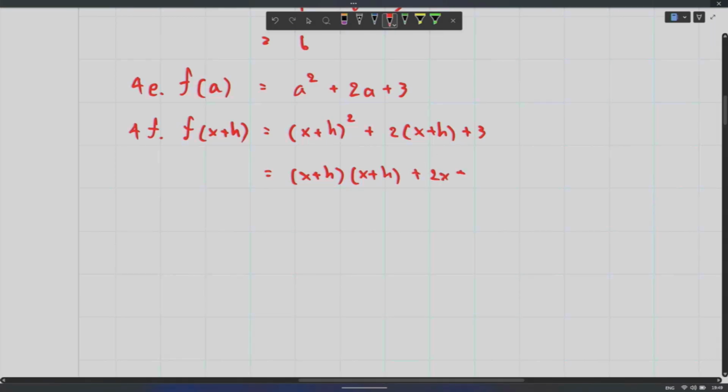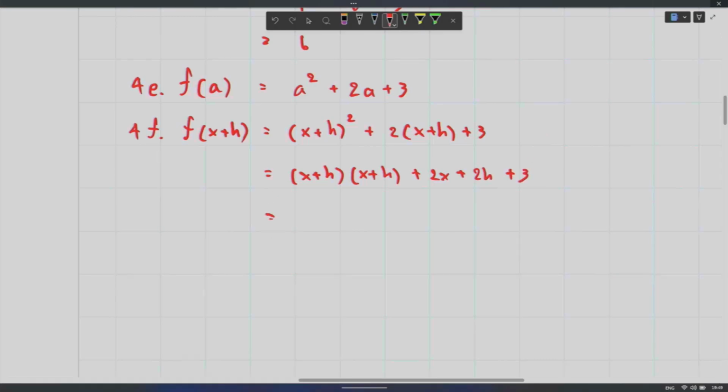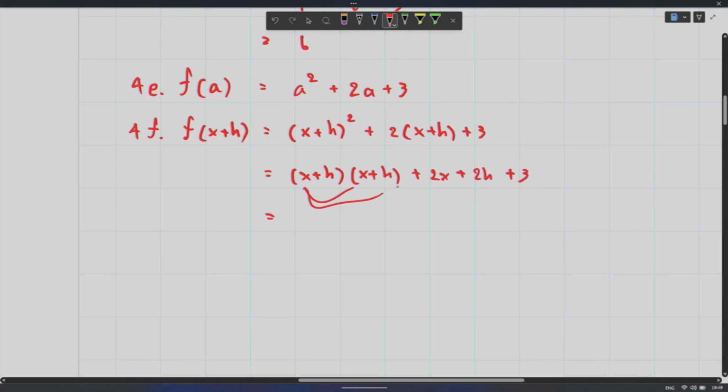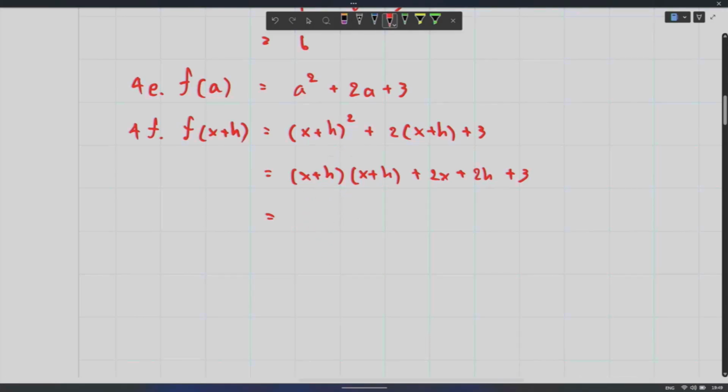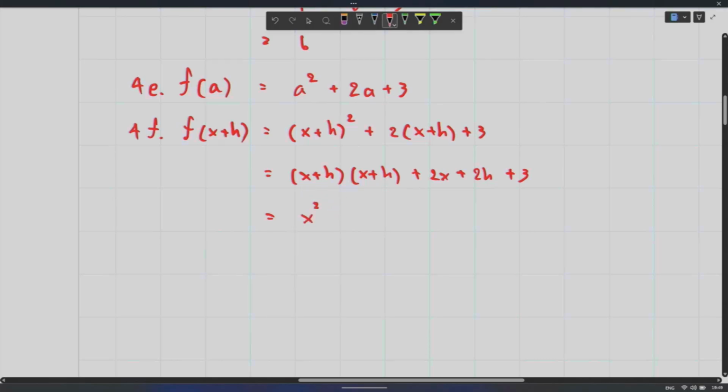We can multiply these and distribute the 2. x times x is x squared, x times h is xh, h times x is xh, and h times h is h squared. Write the remaining.